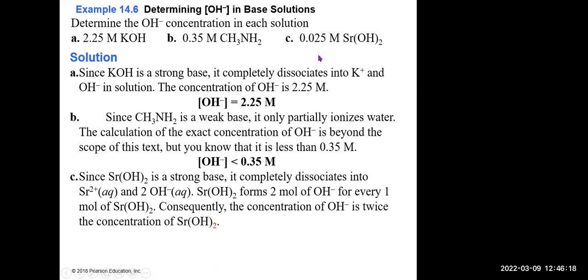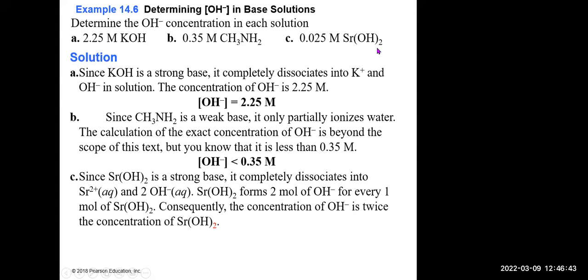The last one is a strong base, but it's a strong base in a sense different from this strong base, because in this one there's only one OH for one formula unit. In this strong base, it will completely give you two OH. So there's a 1 to 2 ratio in this base.